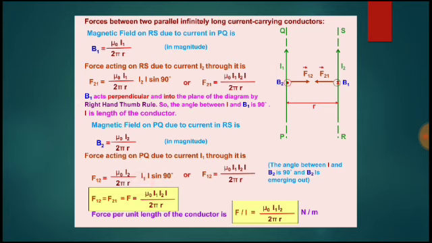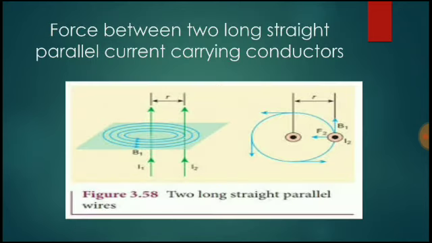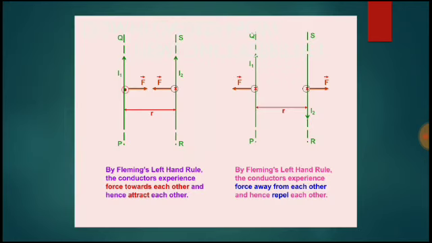Okay, students. This is the diagram for the force between two long straight parallel current carrying conductors. This is the first conductor carrying current I1 and this is the second conductor carrying current I2. They are separated by distance r.